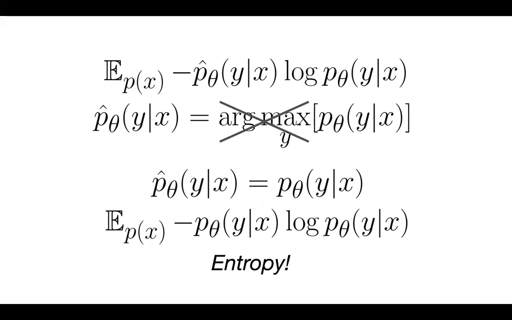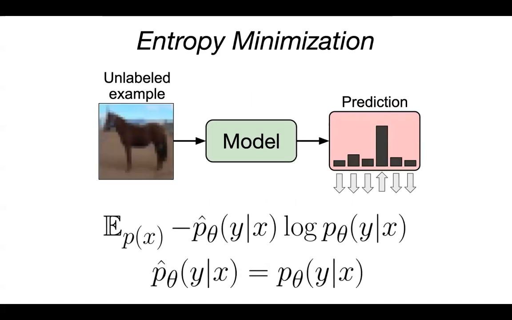And so the point being here is if we just set P hat theta to P theta, so if we just feed the model's output back in as the target to predict, well, now we're just minimizing entropy. So our loss function just becomes entropy, and we're minimizing entropy. And indeed, this is a semi-supervised learning method called entropy minimization.